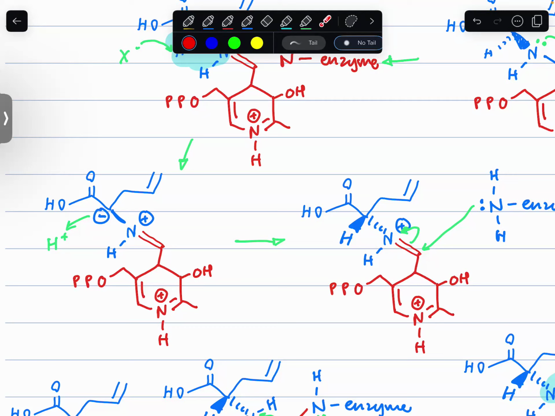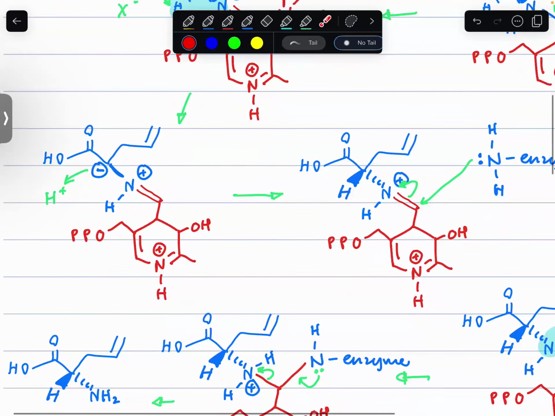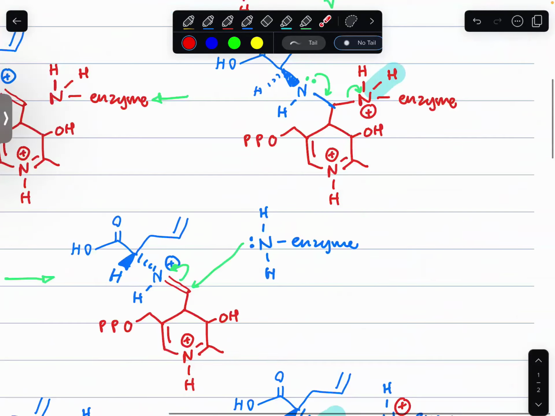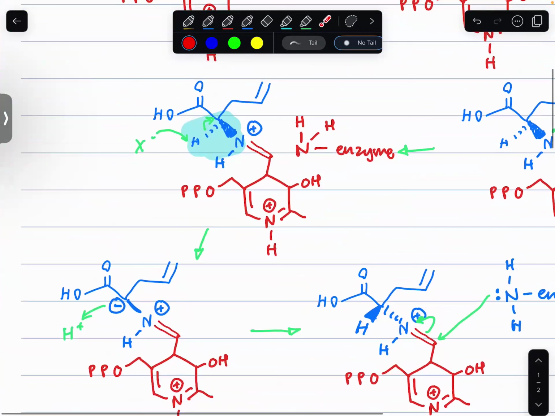And because this is an enzyme, enzymes are very specific. So it is going to attach the hydrogen from the front now. The step before it is deprotonation by some kind of base that's in the solution.